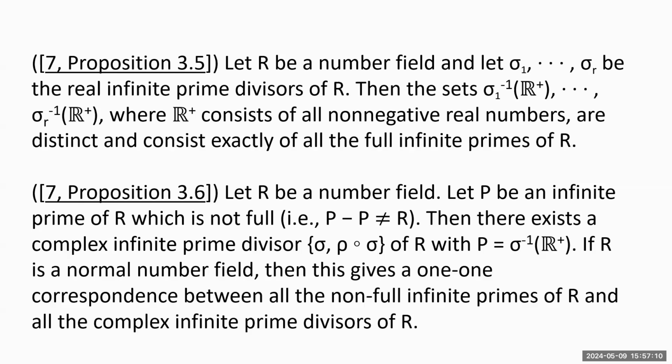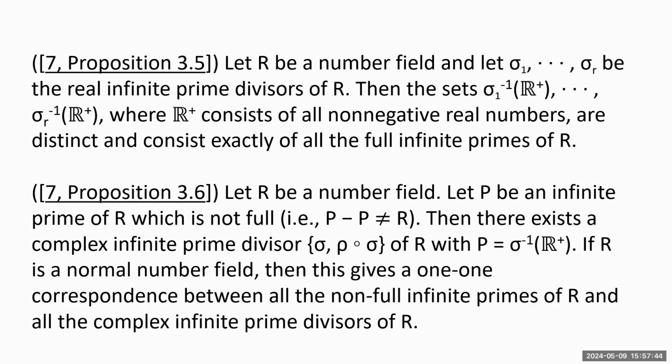For an infinite prime which is not full, there exists a complex embedding such that P is equal to the inverse image of the non-real numbers under this complex embedding. From here, especially looking at 3.5, each of those inverse images of R plus will certainly be a total order. So it looks like full infinite primes of R will be total orders.